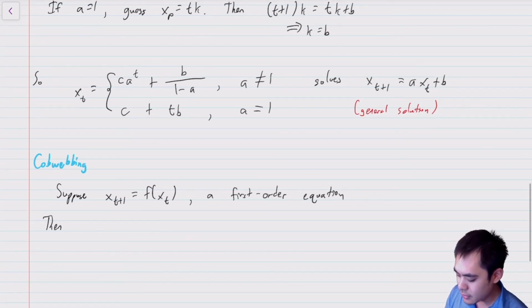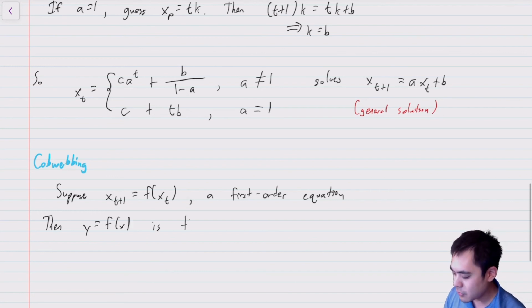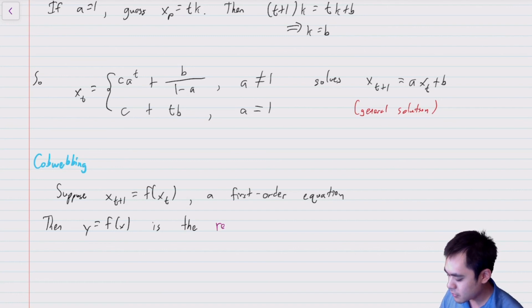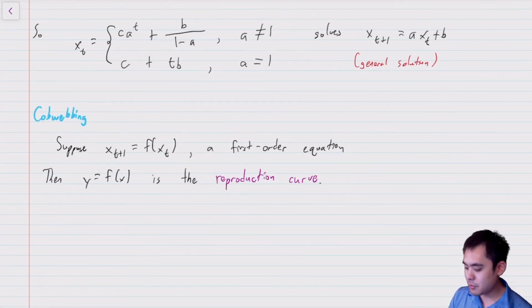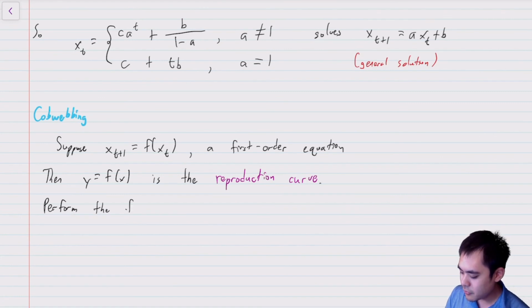Let's say that the function y is equal to f of x is the reproduction curve. Then cobwebbing is just a matter of performing the following algorithm.